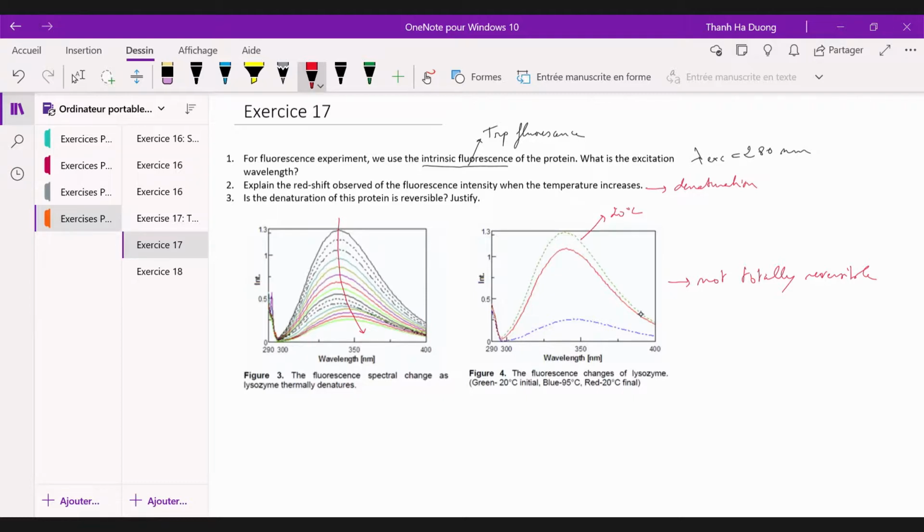So when you increase the temperature, you have a denaturation, and maybe you can have some proteins which cannot come back to their native form because they have aggregation or something like that. So it's not totally reversible because you have the difference between the red and the green curve. That's all.